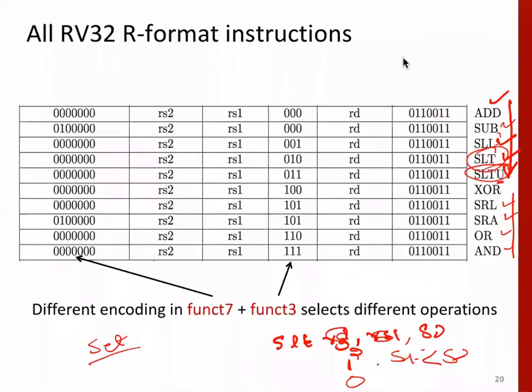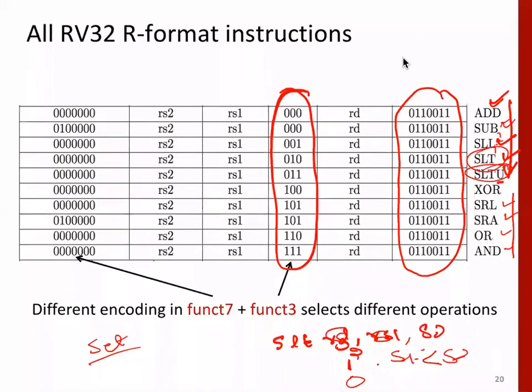Now, can you see the beauty here? The beauty is that all these instructions have the same opcode. If that is so, then how do you differentiate between add, subtract and SLL? Then you have to look at these fields, right? Add and subtract are the same instruction actually, in 2's complement form it becomes subtract. So these two instructions will have the same opcode and func3 field.